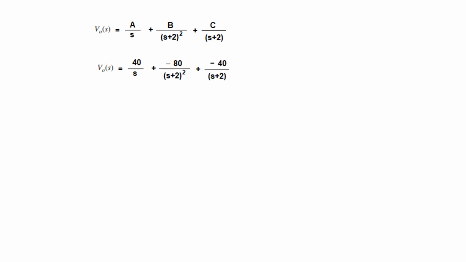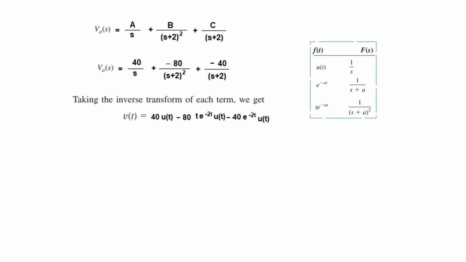Now we can use the inverse Laplace transform to go into the time domain. Keep in mind the Laplace transform formula, so we'll be using this formula here. In the first case, 40 divided by s, or 1 over s we know is u(t), so we write 40 u(t).